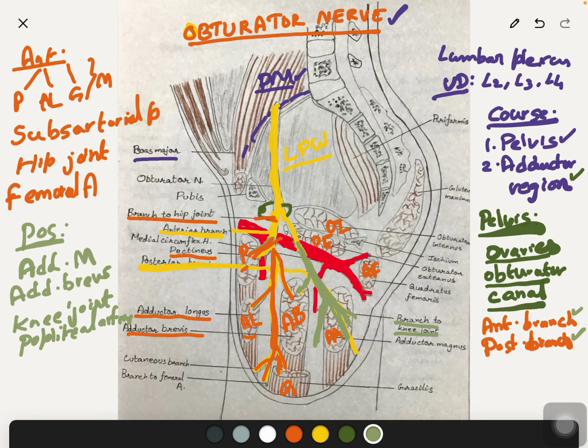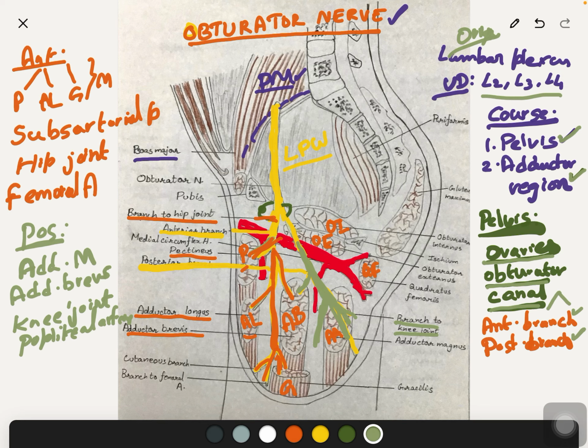So we have seen the obturator nerve origin. It is a branch of the lumbar plexus, and its root value we have seen, L2, L3, L4 ventral divisions, with its course in the pelvis and in the adductor region. Relations in the pelvis: it is related to the ovaries. It enters the thigh or the adductor region through the obturator canal, where it divides into anterior and posterior branches.